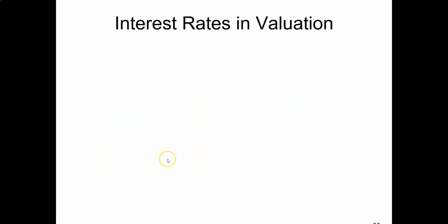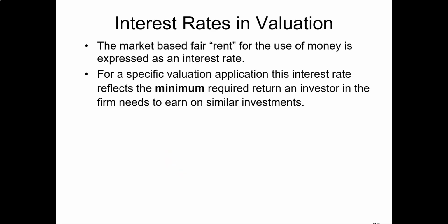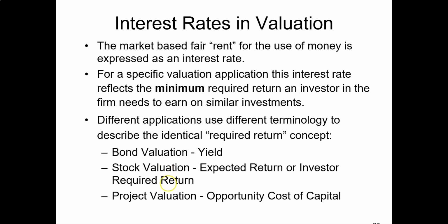After this lecture, we are going to make bond valuation, stock valuation, and project valuation of corporation. Then we will meet a lot of terminologies about the required rate of return. For example, in bond valuation problem, we call it as bond yield. In the problem related with stock valuation, we call it expected return or investor required return.